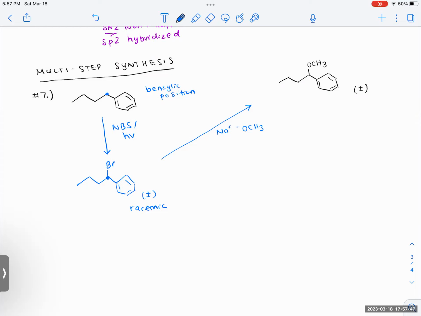So another thing that you could do here is you could remove your bromine using a bulky base.